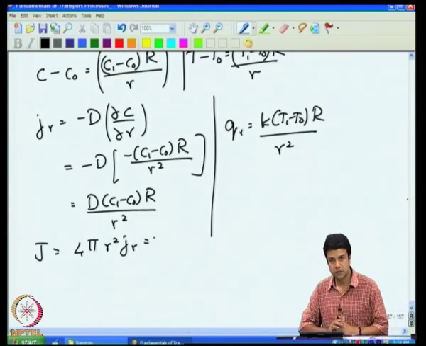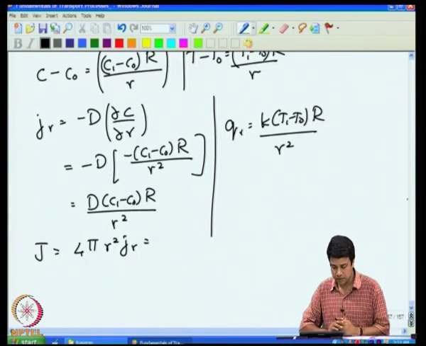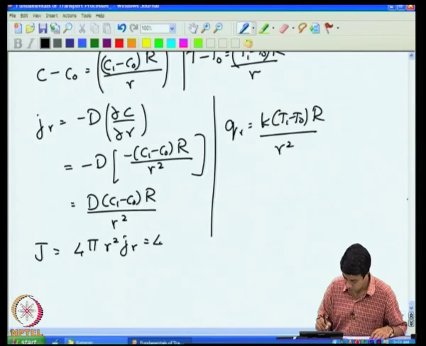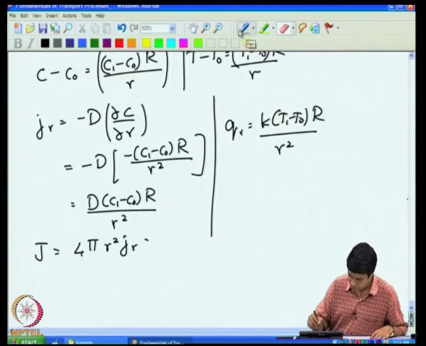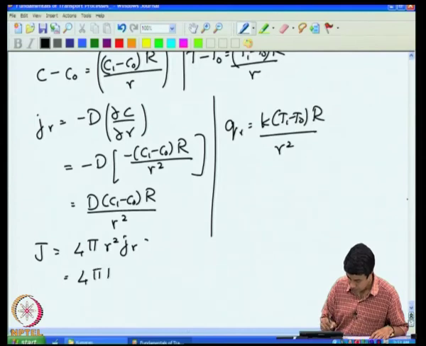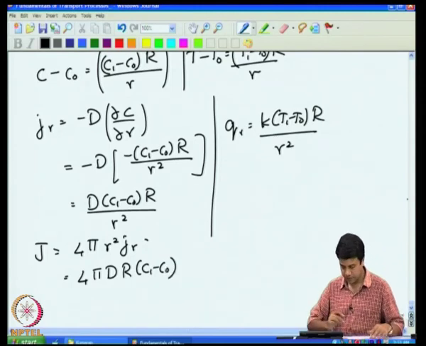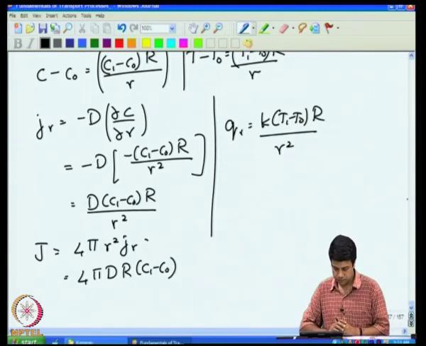And since J r goes as 1 over r square, this is just equal to 4 pi D R into C 1 minus C 0. Good. So, this is the total mass coming out.